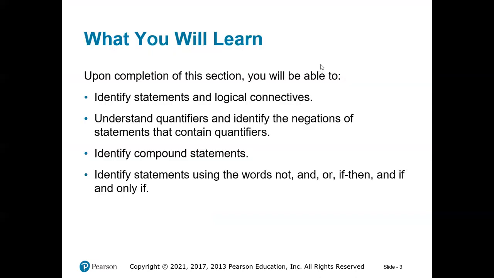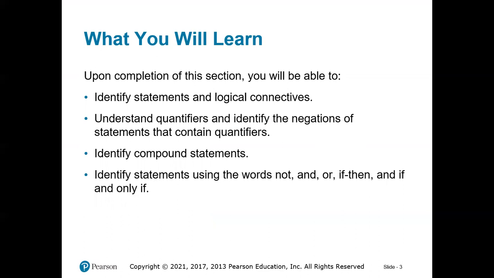Once we're done with this section, you'll be able to identify a logical statement, and we'll talk about what are called logical connectives, which are pretty much the operations on statements. And we'll understand what are called quantifiers. There are two quantifiers. You will get to hear me talking about that in a moment.